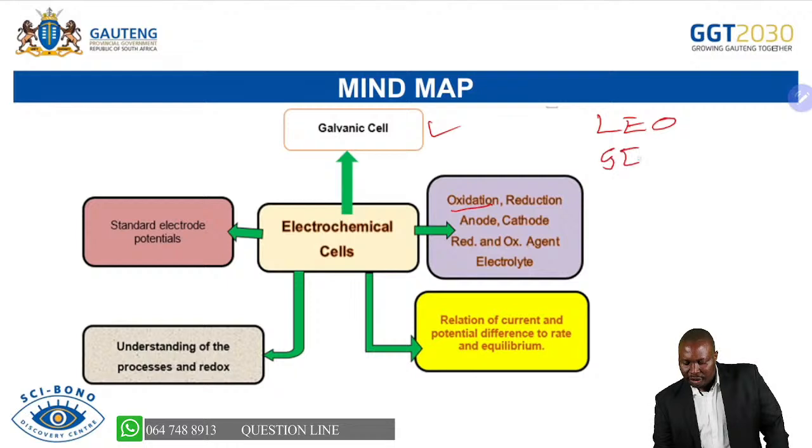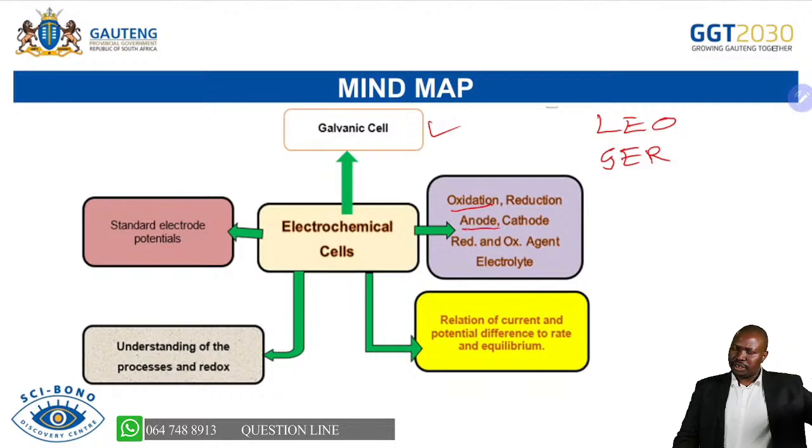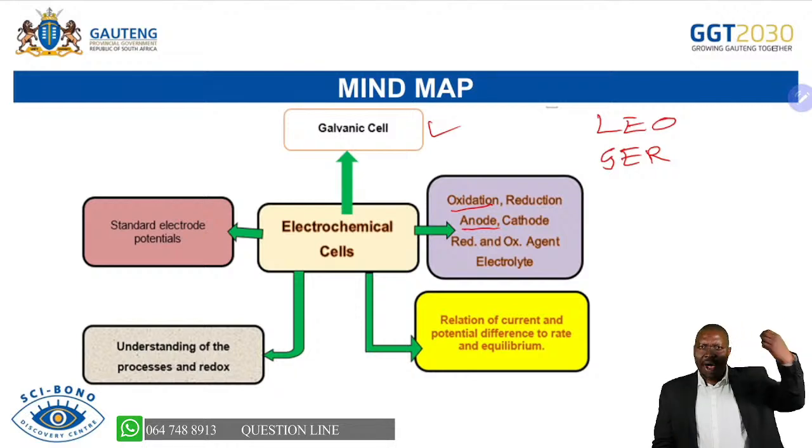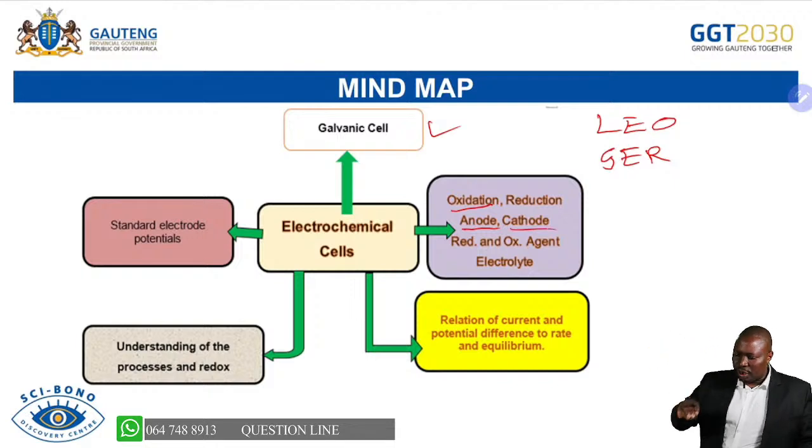Gaining of electrons is reduction. Remember we said an anode is an electrode where oxidation occurs, and oxidation is loss of electrons. So at the anode there must be loss of electrons, and at the cathode there must be gaining of electrons.